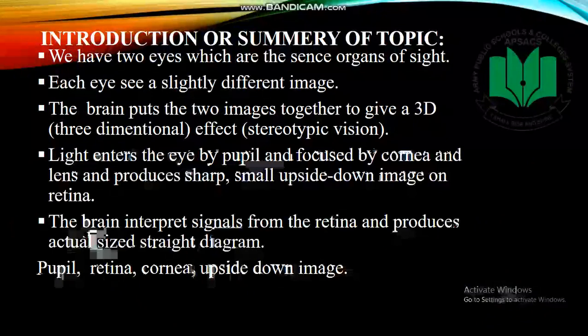The brain puts the two images together to give a three-dimensional effect, that is stereoscopic vision. Light enters the eye by the pupil and is focused by the cornea and lens and produces a sharp, small, upside-down image on the retina. The brain interprets signals from the retina and produces an actual-sized, straight image.